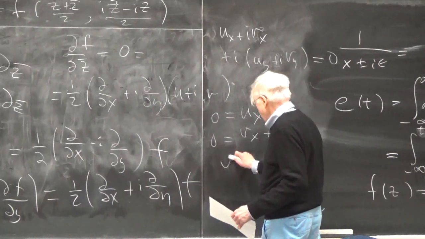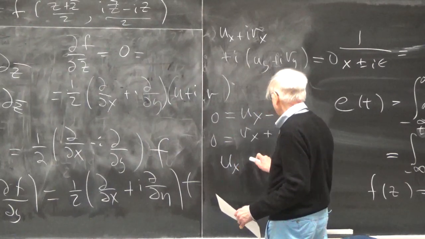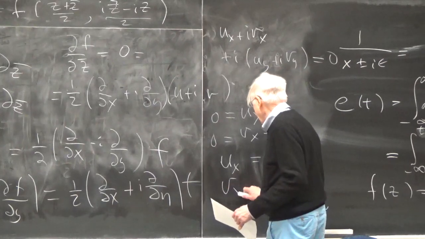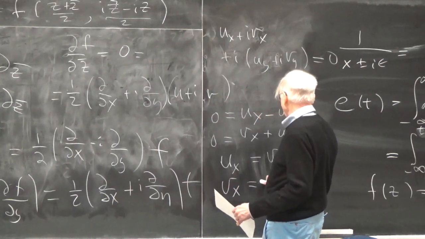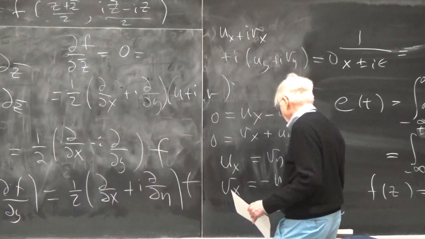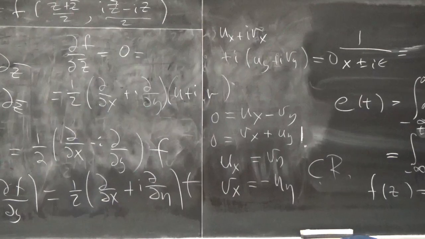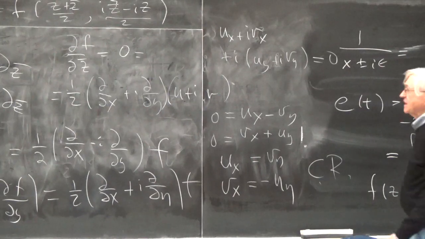They tell us that u sub x is equal to v_y, and v_x is equal to minus u_y. Well, these, it turns out, are the Cauchy-Riemann equations. So that makes eminent sense.